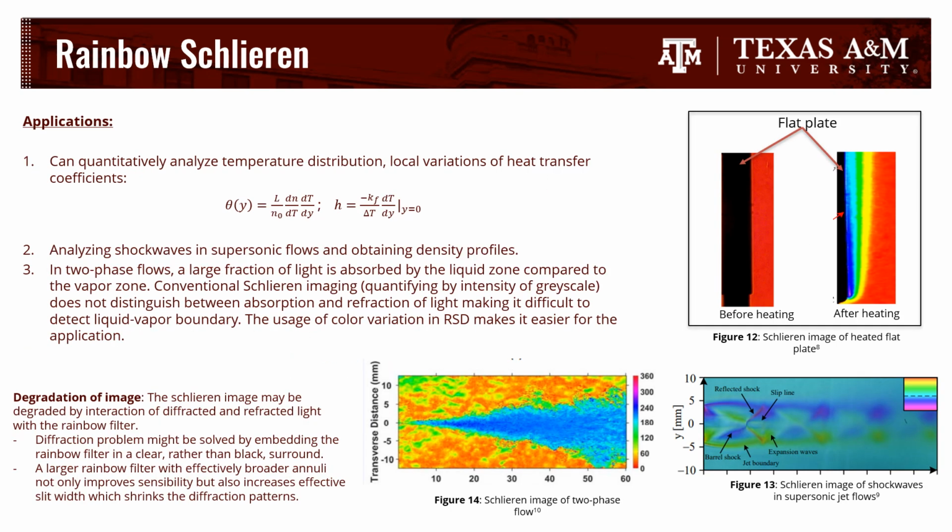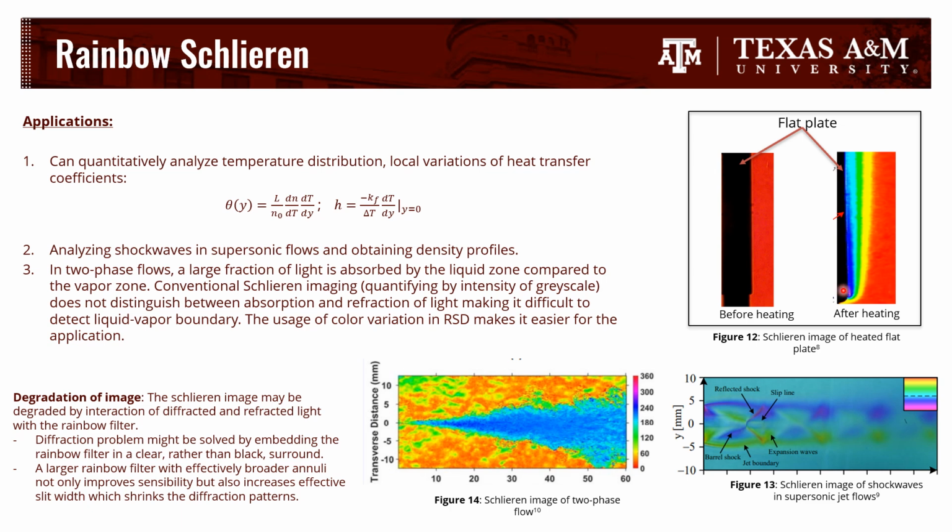Here I've listed certain applications where RSD is employed to quantitatively and qualitatively analyze certain setups. In the first example, the temperature above a hot plate is observed using RSD. The blue here signifies the temperature really close to the surface, which is really hot, and the red signifies the background temperature.